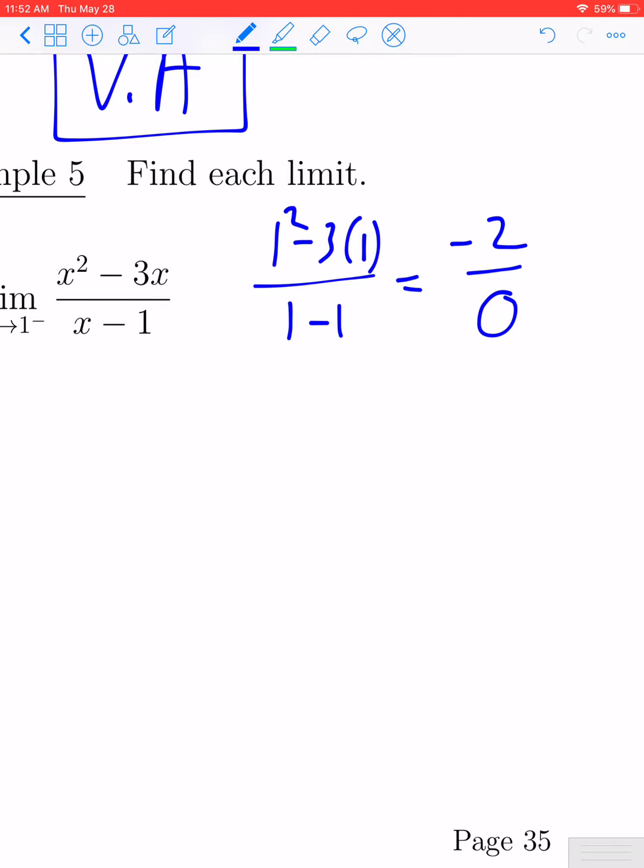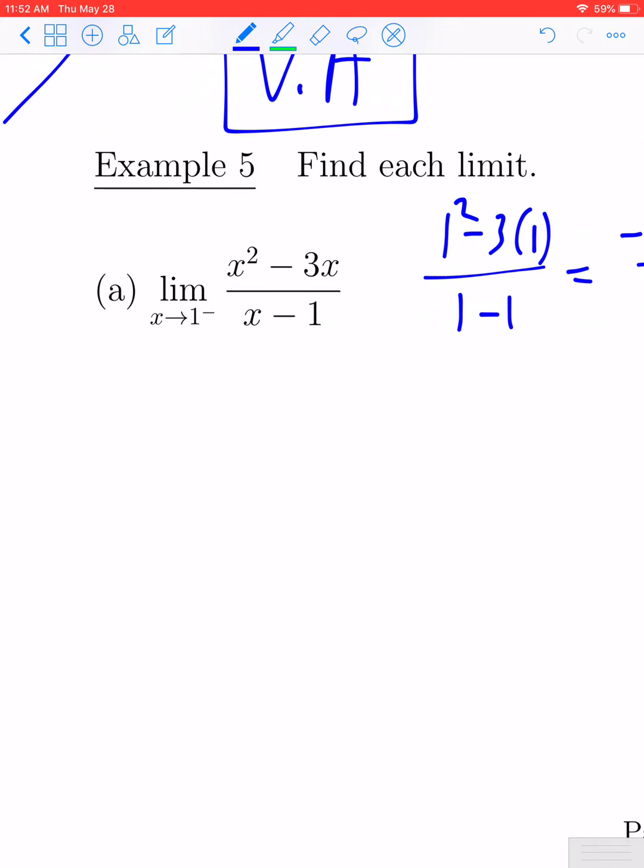So what does that tell us? Well, this is not an indeterminate form. This is something non-zero over 0. And because it's non-zero over 0, that means that this is going to be an infinite limit. So we already would know, because of that nature, that it's going to be an infinite limit.